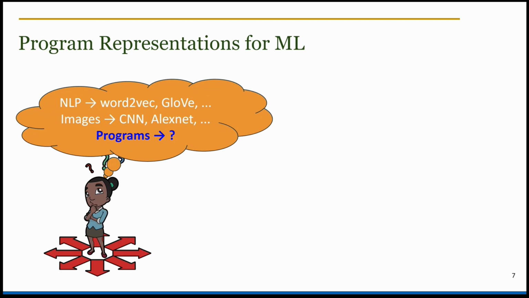Or when it comes to images, sophisticated models like CNN, AlexNet, and so on and so forth, that try to extract features from the images for any downstream application. So do we have something equivalent to these when it comes to programs? That's the question we are trying to answer in this talk.